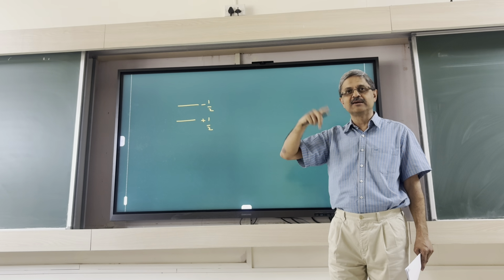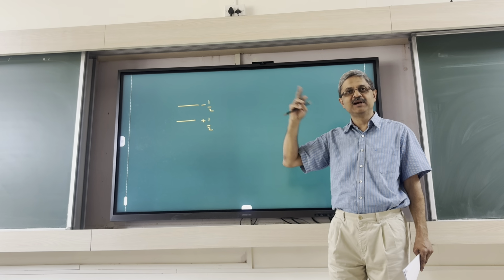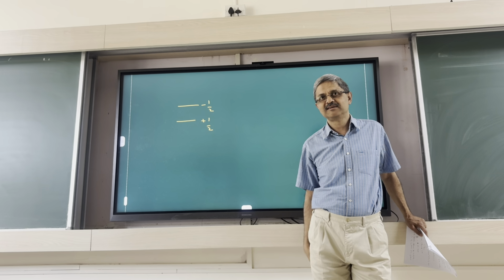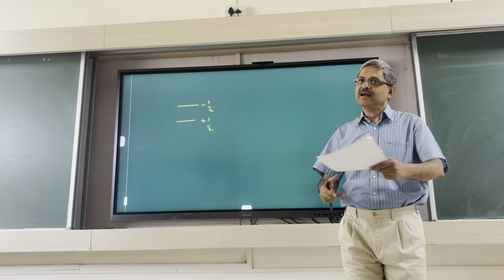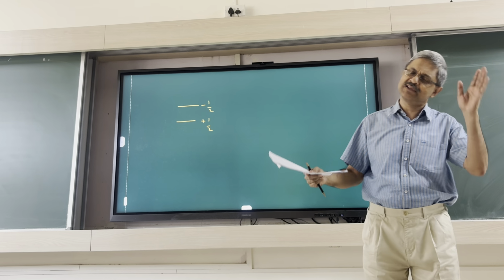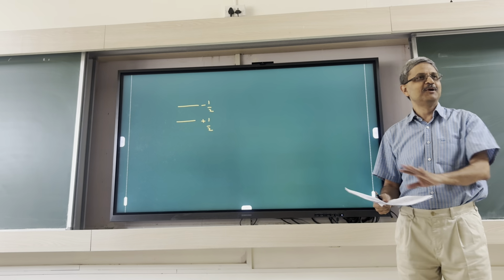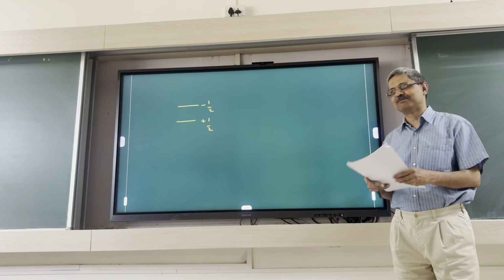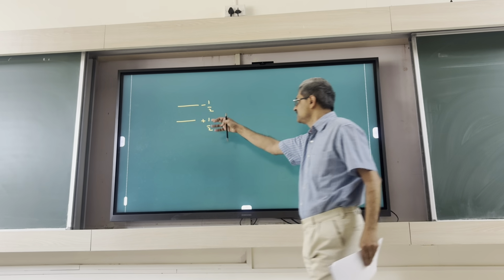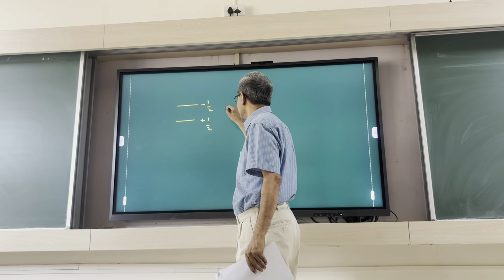And the transition rate, the probability that you get a transition, is given by Fermi's Golden Rule. All that you learn in the so-called theory classes is useful in experiment. Don't think that once you are doing experiment, you can throw away theory. You cannot.